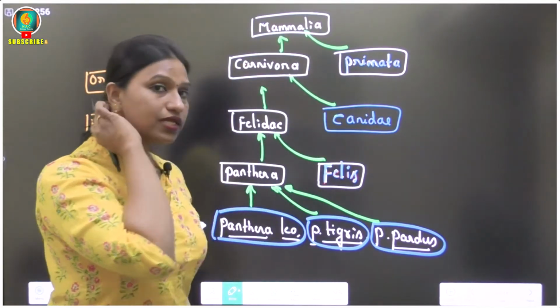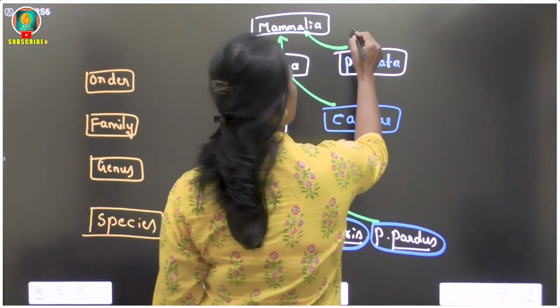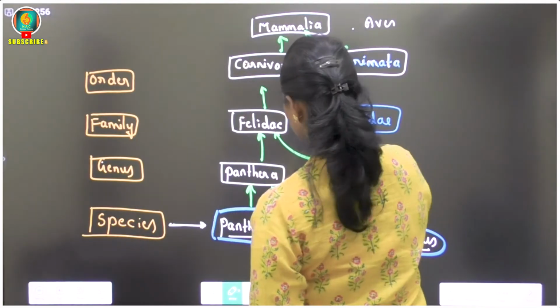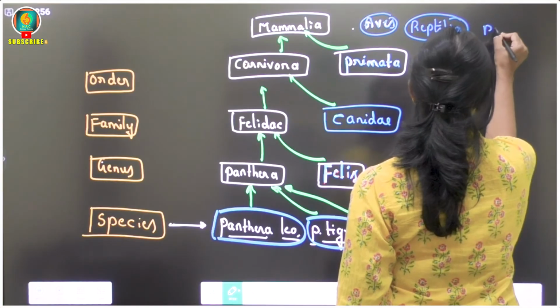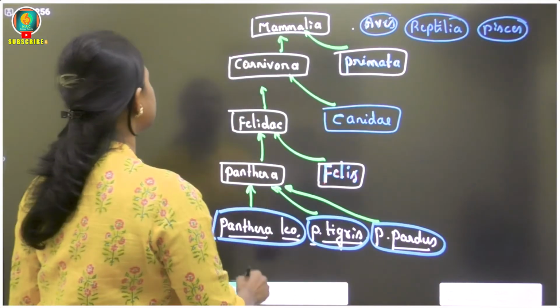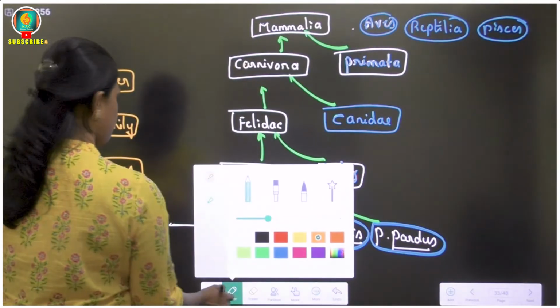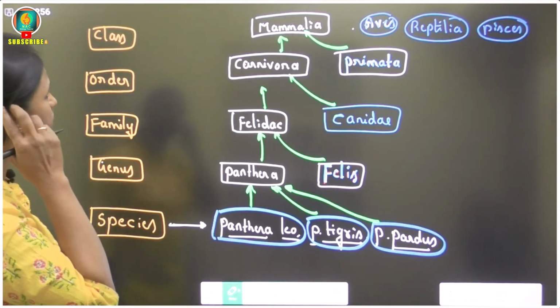So, just like Mammalia, there are certain other classes also, but they do not include these two. Correct? So what are those classes? Aves comes under here, Reptilia, Pisces. All those come under here. I'm not getting enough space to write.